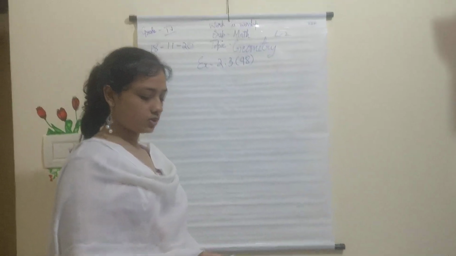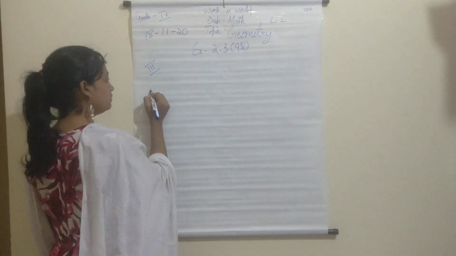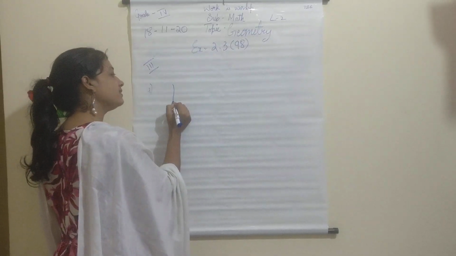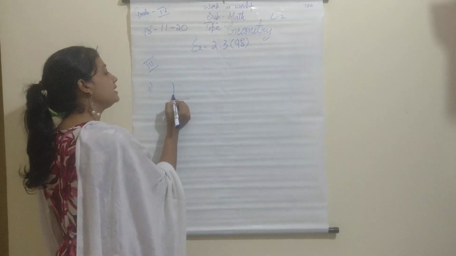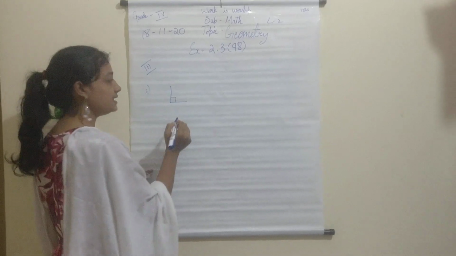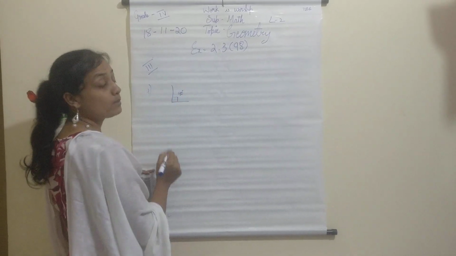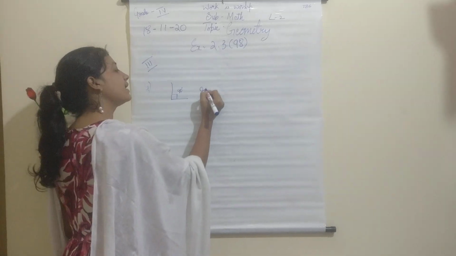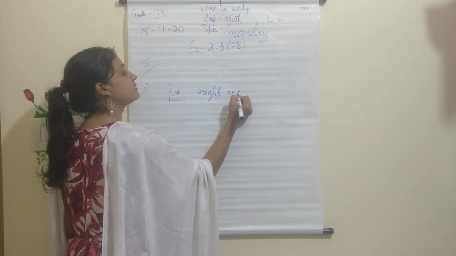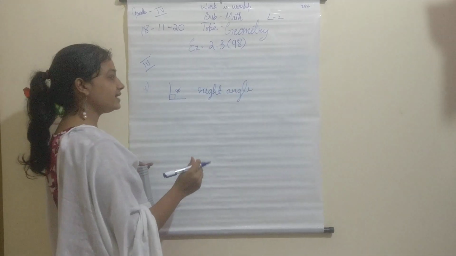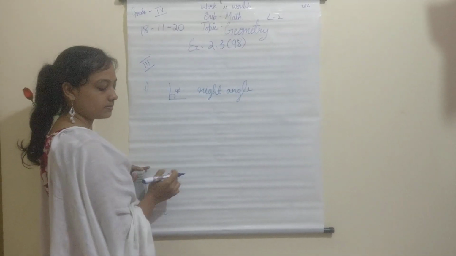You have five questions and I'm going to explain three questions for you. So first one, you see hands which are in L shape. That means it is exactly 90 degrees. So what is the angle name of this? It is a right angle. Children, please write it down below the clock.